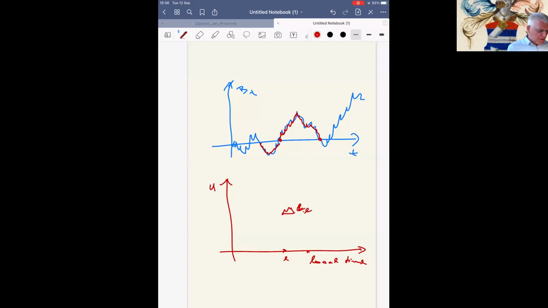And if you take the pairs, the local times when the excursion appears and the excursion itself, then this pair is a Poisson process. It's a two-dimensional Poisson process, an abstract one. I admit it's a point process in a very abstract space. It's a function space. It's a space that contains functions, but it can all be made mathematically rigorous.